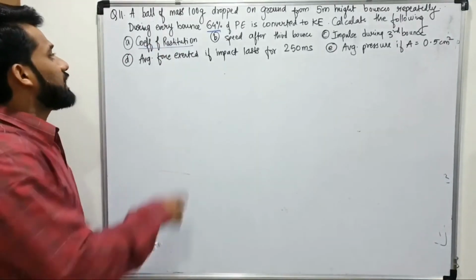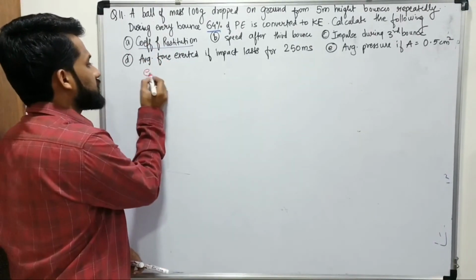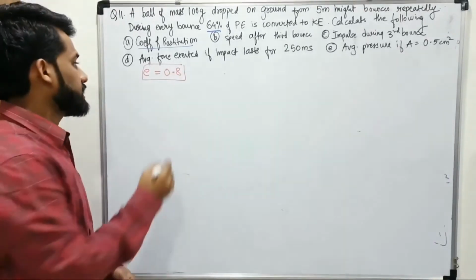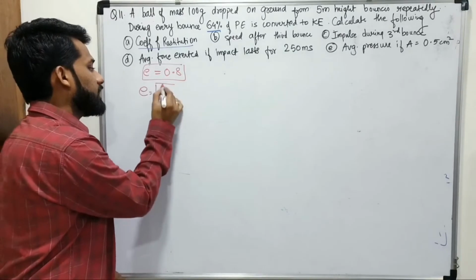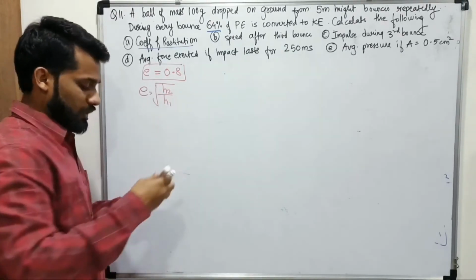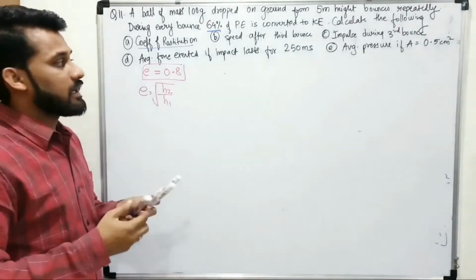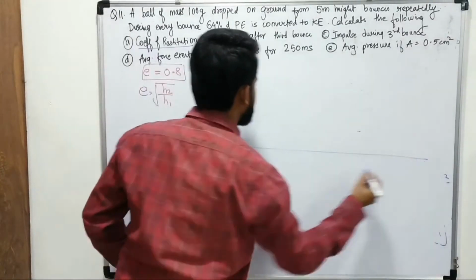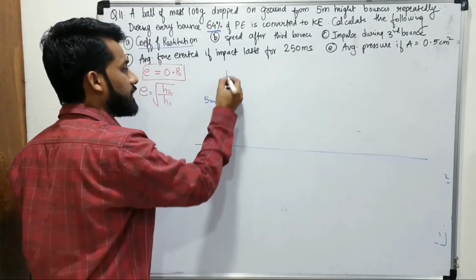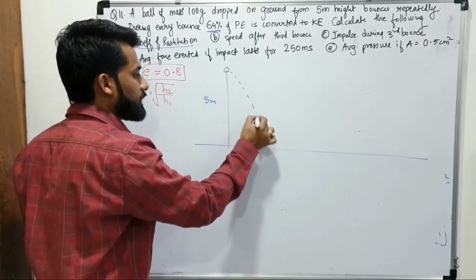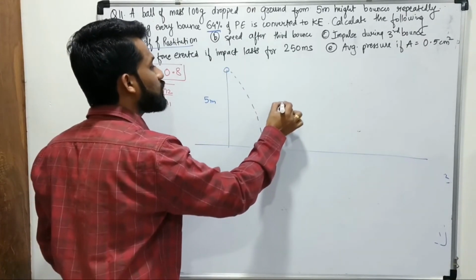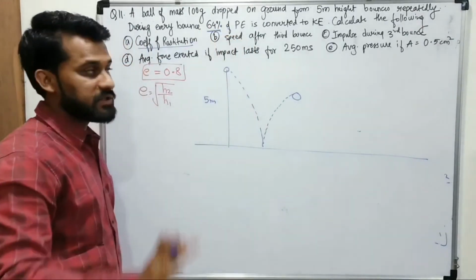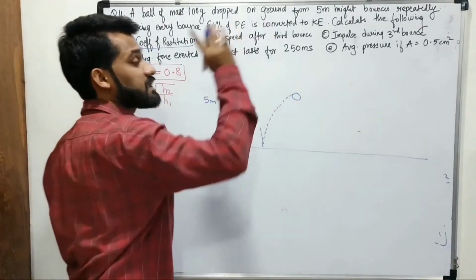Okay, so now we have calculated the coefficient of restitution for this question as 0.8, and now we know that the coefficient of restitution can be calculated as under root h2 by h1. So in this particular question, a ball bounces from the height of 5 meters, and after bouncing it goes only 64% up, because only 64% of the energy is converted.